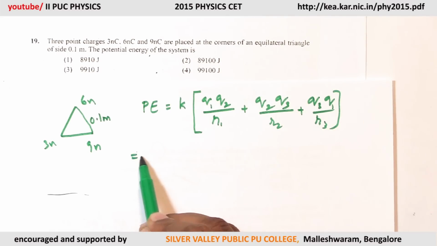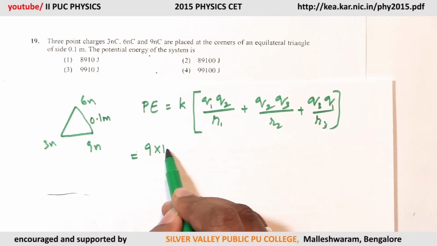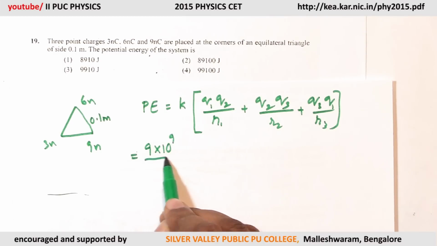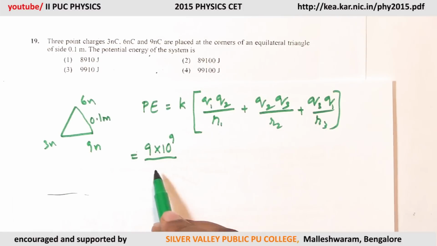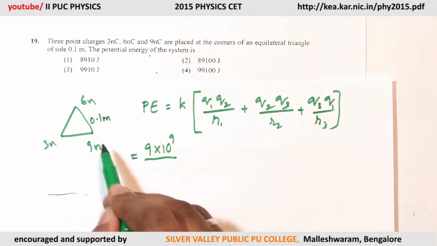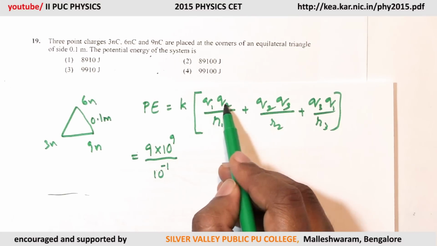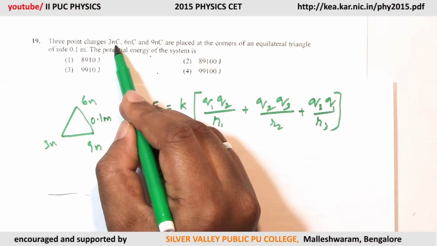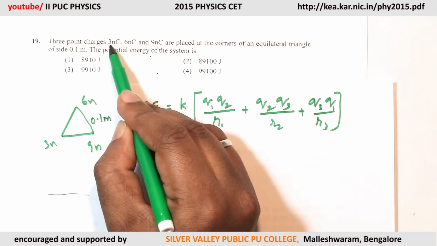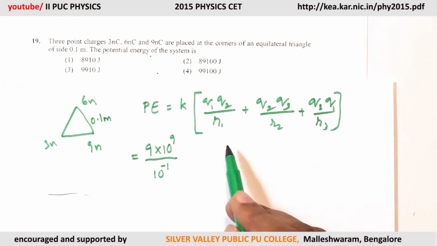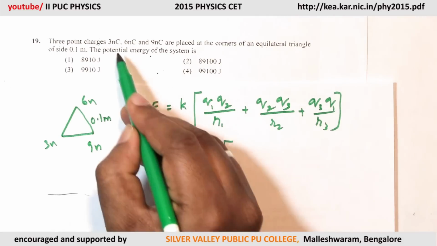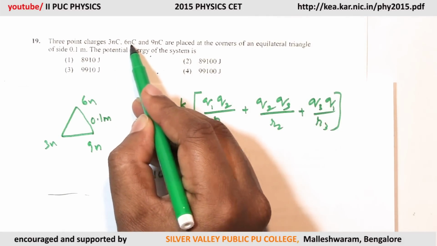Constant is 9 into 10 power 9. All distances are equal. 0.1 meter means 10 power minus 1. Q1 into Q2: 3 nano into 6, 6 into 3 is 18. First charge is nano, second charge is also nano.